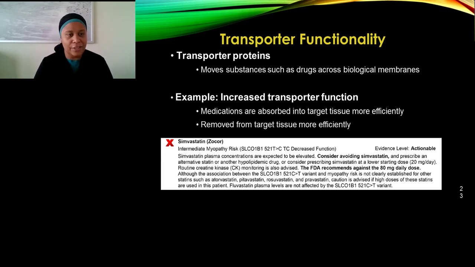Now we can see patients that have specific enzyme reduced activity may be subject to this, because medications are absorbed into target tissues more efficiently using the transport enzymes, and also they have to be removed from these target tissues using the transport enzymes. So looking at a patient's genetic results and looking at those transport enzymes would allow us to dose statins more precisely.